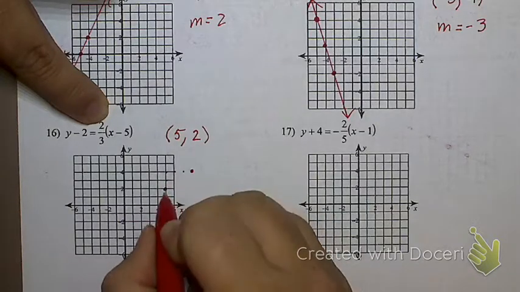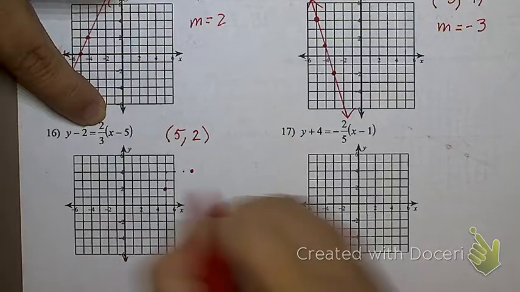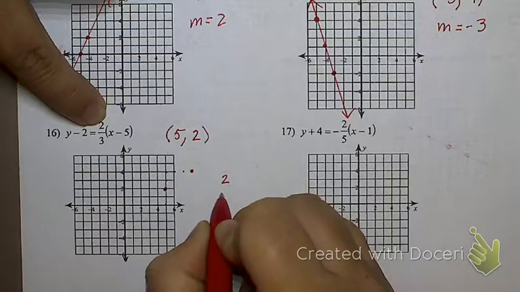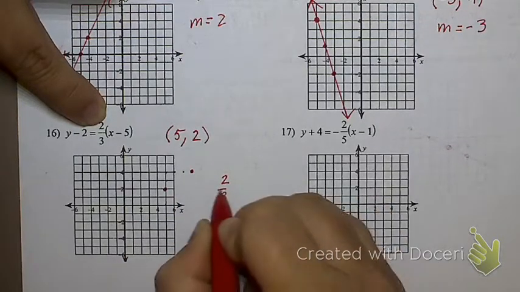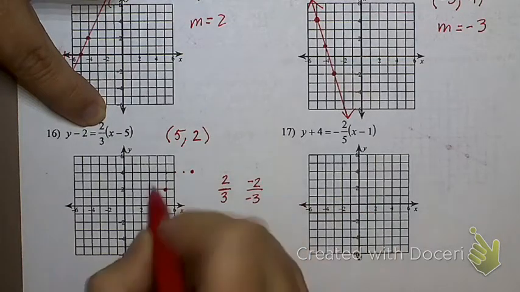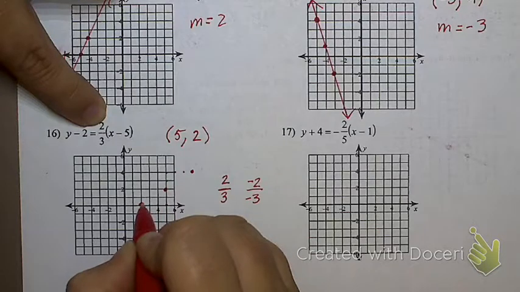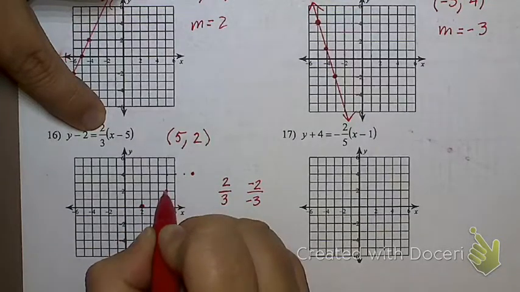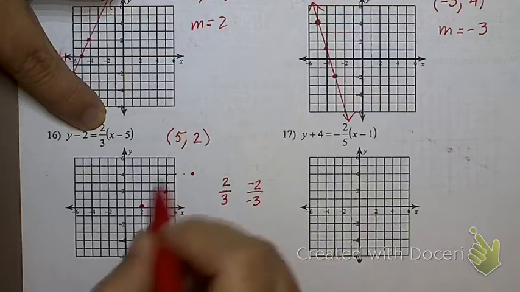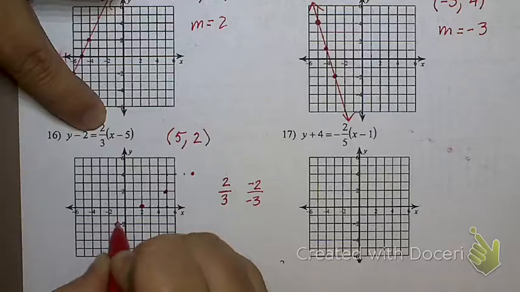In other words, what point went up 2 and right 3? Well, how am I going to find that? I'm going to go down 2 and left 3. So down 2, left 3. That's the point that went up 2 and right 3 to get to here. Yeah? Can I do that one more time? Down 2, left 3.